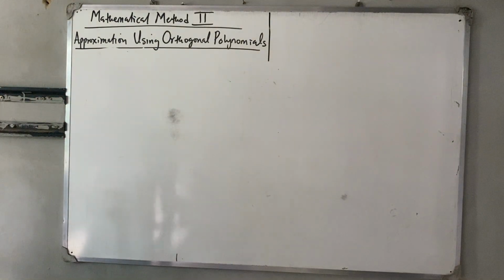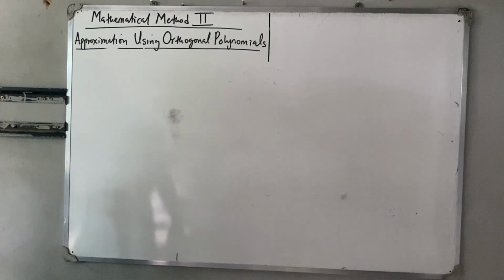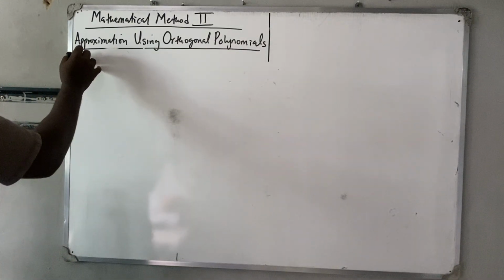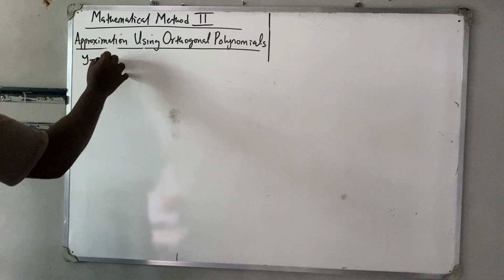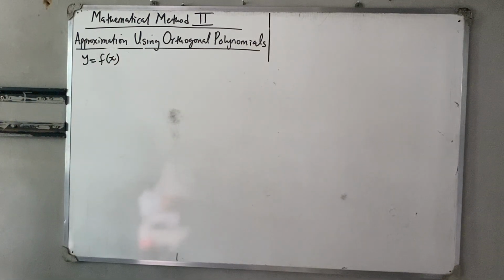Okay, so having this, write for me: let f of x be a polynomial we want to approximate. Let y be equal to f of x. This is the function we want to approximate.